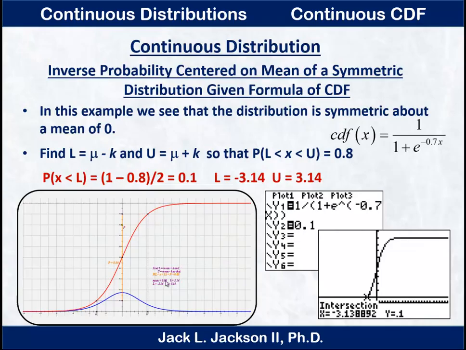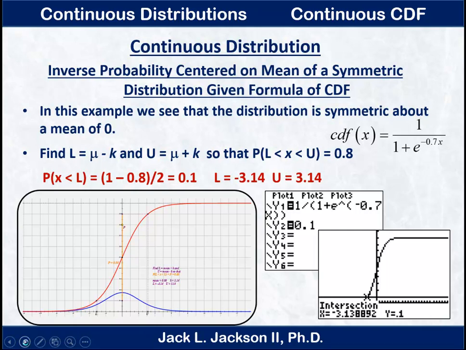Because of the symmetry, we know that it's the same distance here. So we could actually figure out this distance and add it to 0. Or we could do the same kind of thing to find the upper one. If there's 10% above the upper one, there's 90% below it. So I could put 0.9 in here, draw a line up here, do a calc intersect, and that value would be the upper that we're looking for. So that's a very special kind of situation.